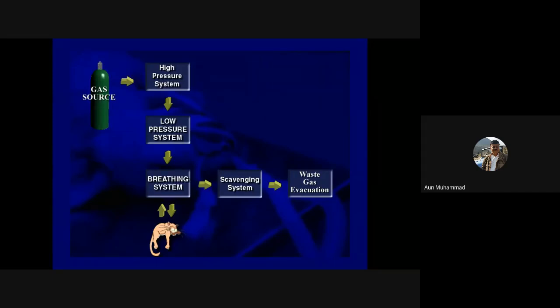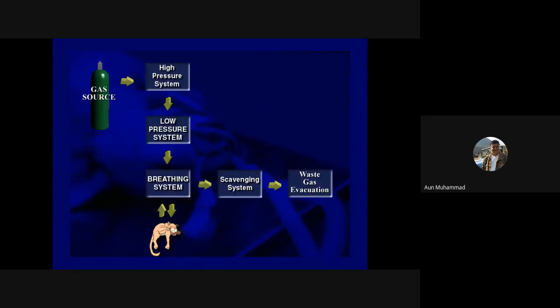So we have to reduce the pressure of the gas to a level, depending upon the capacity of the lung, that it can accept. That's why we have valves which can reduce this high pressure to a normal limit. We have pressure reducing valves which can reduce this 2000 psi to 50 psi.